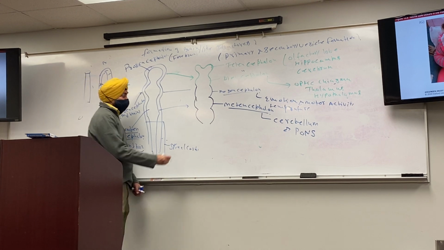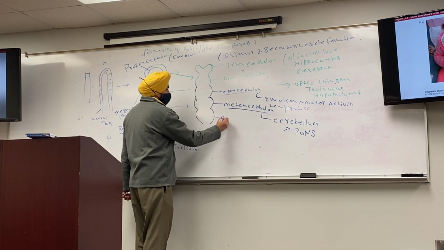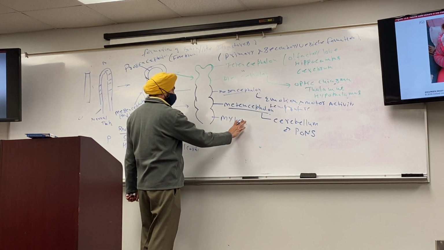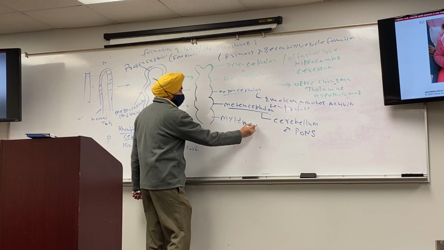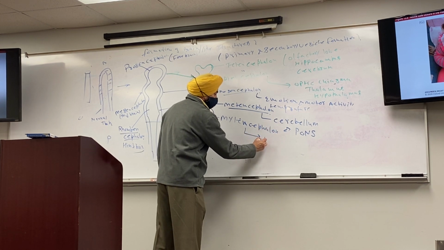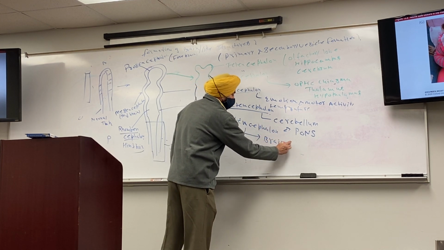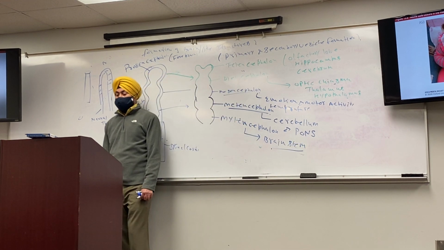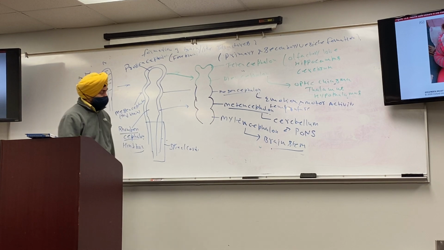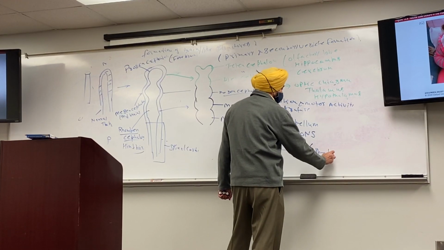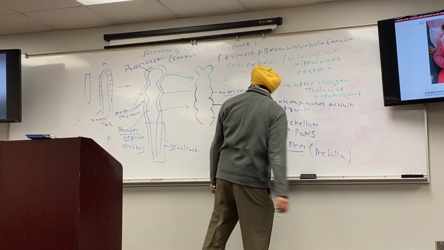And then you have the myelencephalon. Myelencephalon is going to give you brainstem, and brainstem is usually the medulla oblongata, that's what we call it.